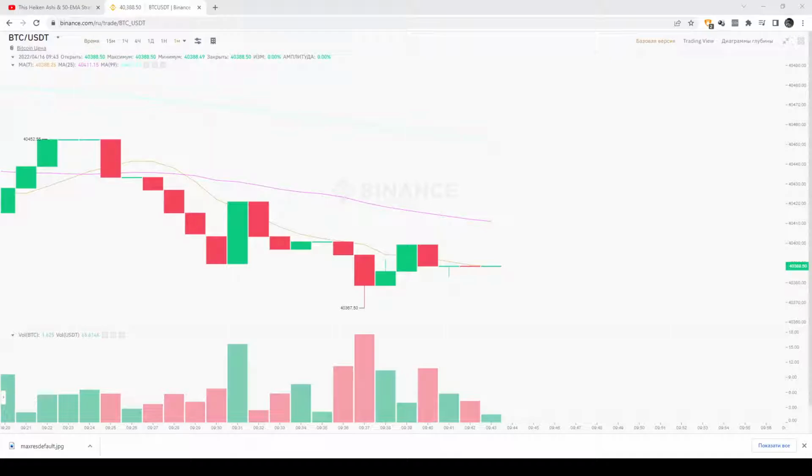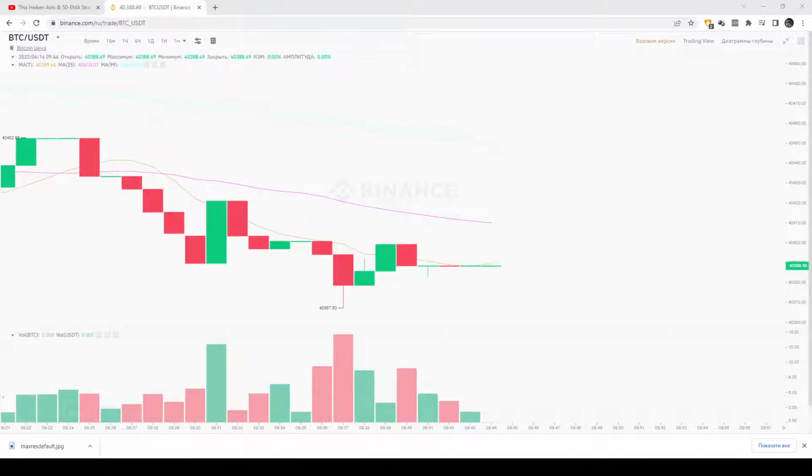In a sense, Heiken Ashi makes trends easier to spot and helps traders remain longer in trades. Each Heiken Ashi bar starts from the middle of the bar before it and not from the level where the previous candle closed.